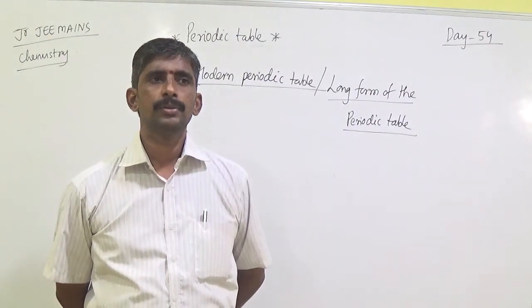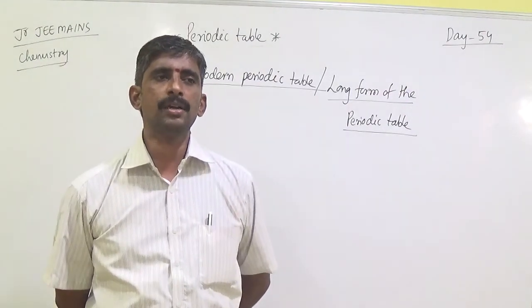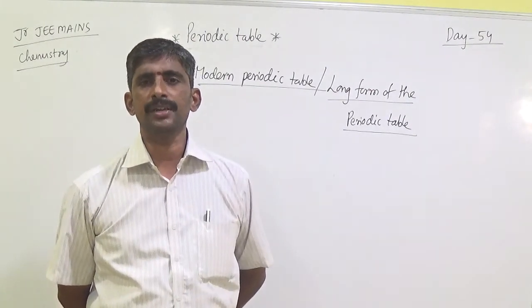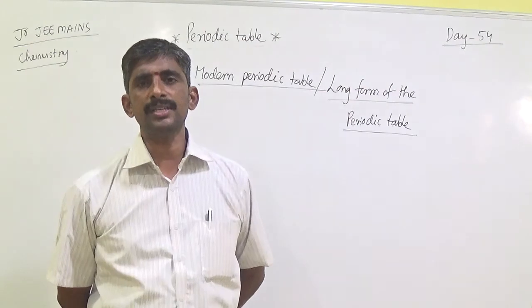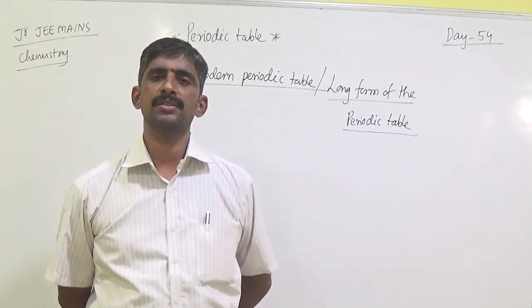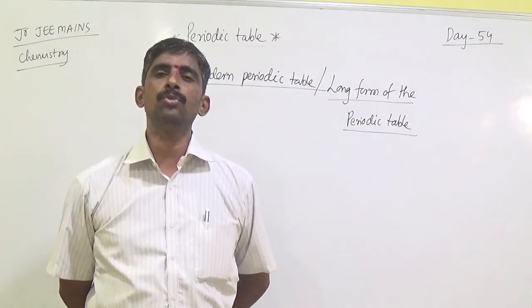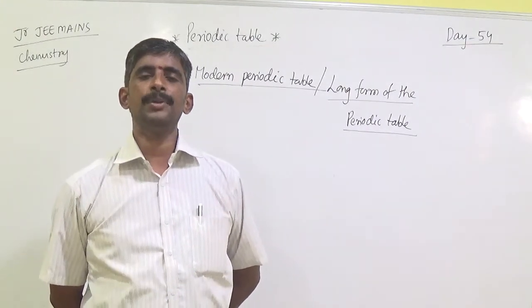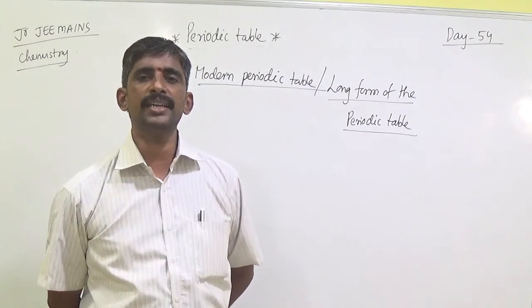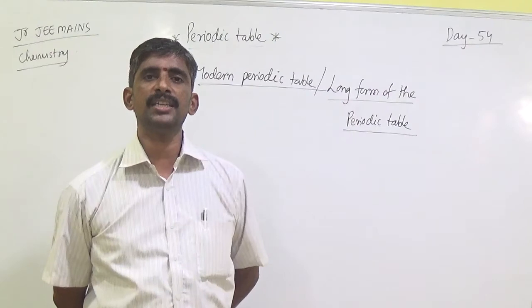So there are 18 groups, and every period starts with an alkali metal and ends with a noble gas. The first period contains only 2 elements, the second period 8 elements, the third period 8 elements, the fourth and fifth periods 18 each, and the sixth period 32 elements.